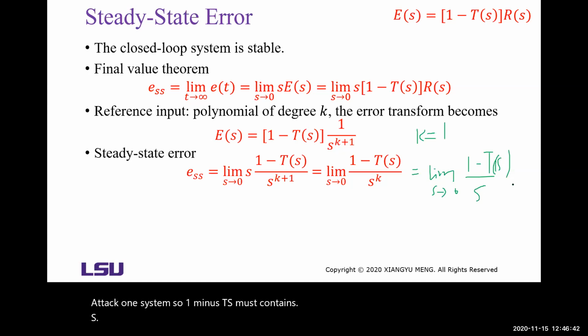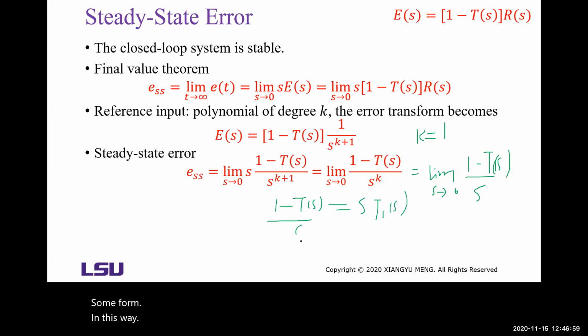Otherwise, the tracking error will be infinity. It must be written in the form s times T1(s). Then s is cancelled, and T1(0) is different from 0.